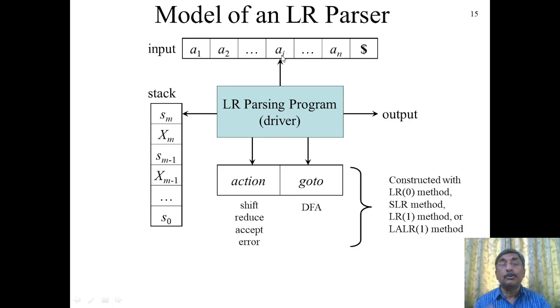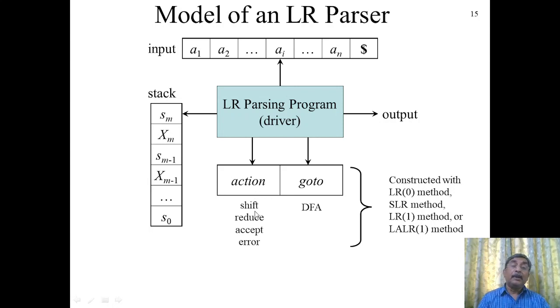The current input symbol, which I depicted by underlining the input symbol, that is of concern. So I have two elements here: current state, which is at the stack top, and the current input symbol. Using the current state and the current input symbol, I go to the deterministic finite automaton, the diagram, and find out what I should do, that is, my action.